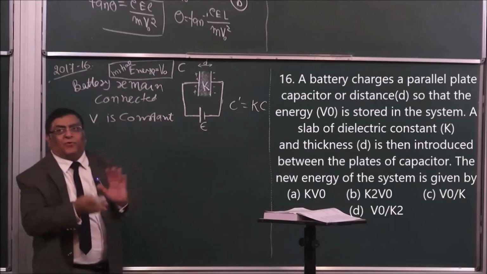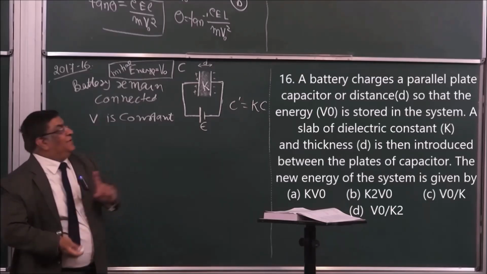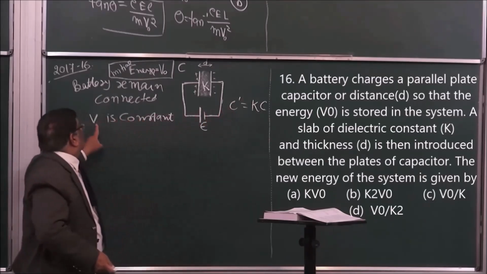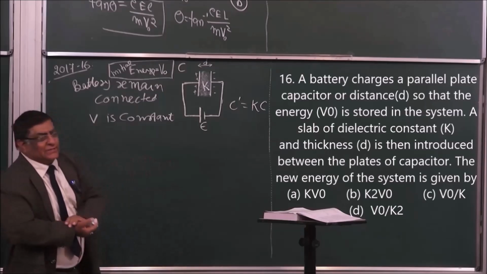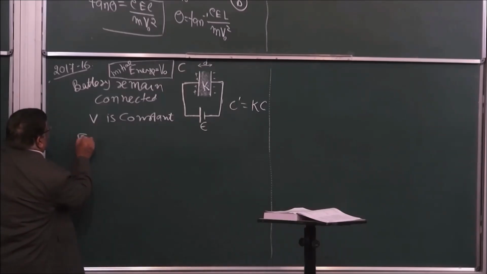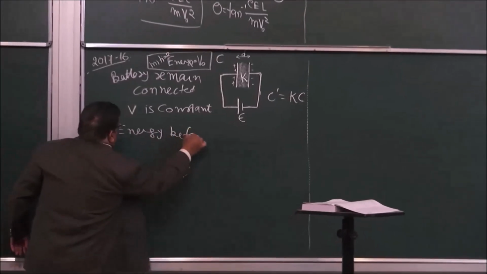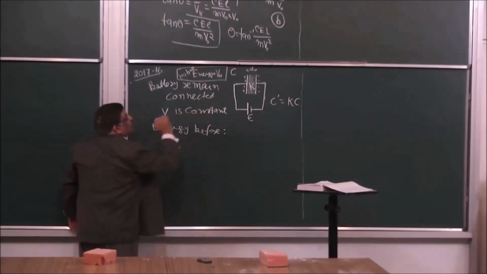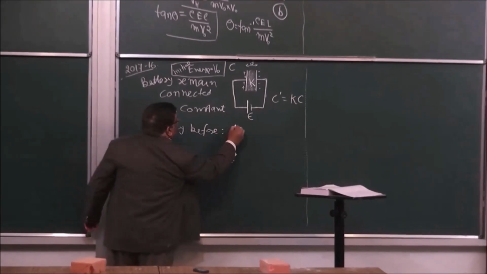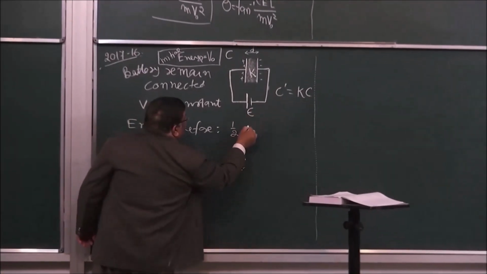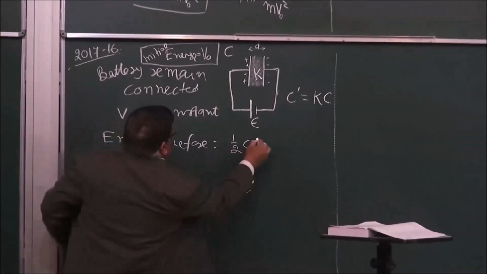Do we know any formula of energy which has C as well as V? Everybody knows it. So the energy before putting the plate is half C V square.